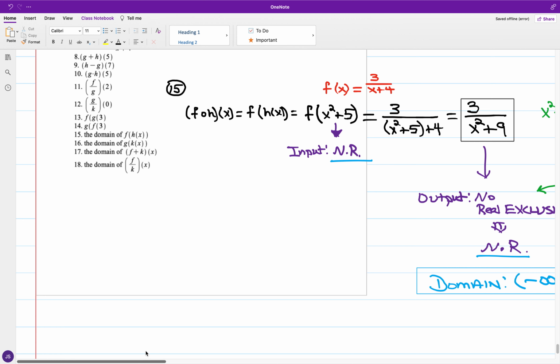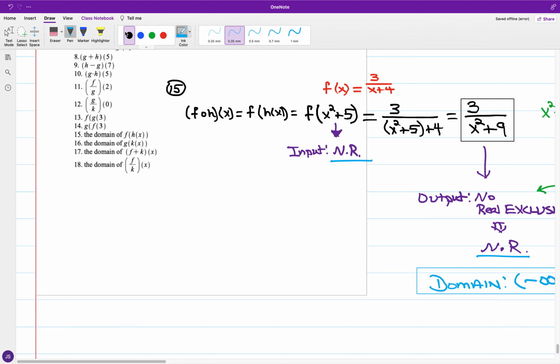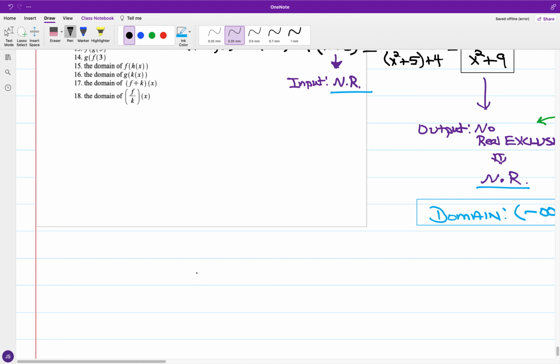Right. Now for what we have in the case of 16, you have just a reversal of the order in the composition. So we got g composed with k of x. So you have g of k of x.